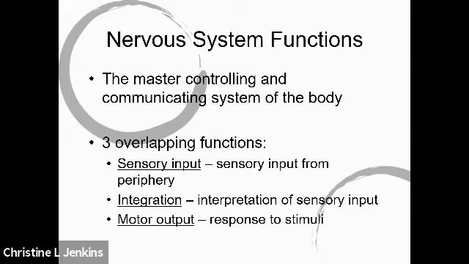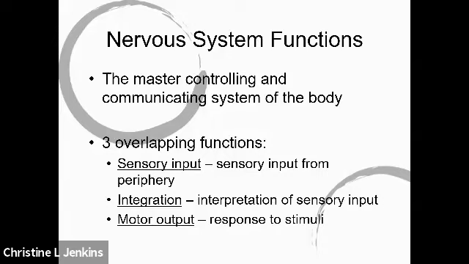Easy example, if you haven't eaten for a while, your stomach will get a little smaller. So the receptors in the stomach wall will sense, hey, there's less stretch in the stomach, and will communicate to the brain.